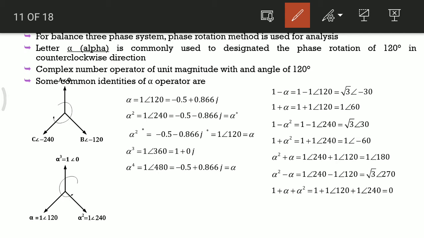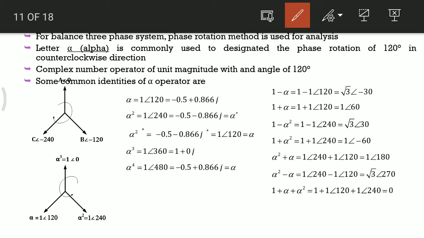All the values can be calculated from the value of alpha. Only remember the value of alpha, then you can multiply, or add or subtract 1 yourself, and you will get its value.